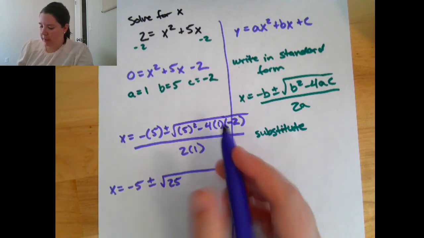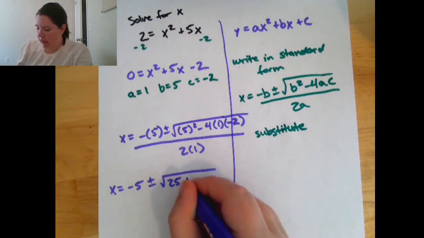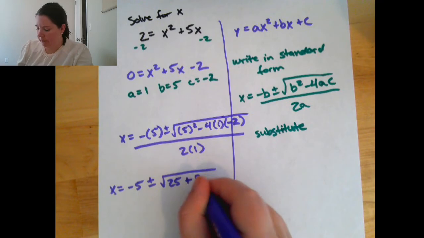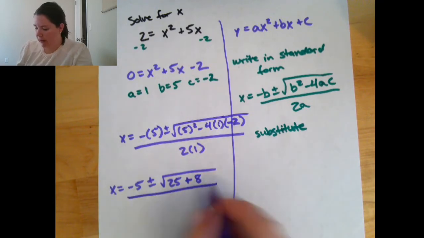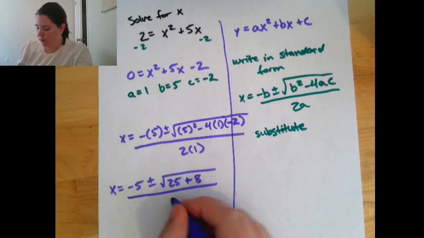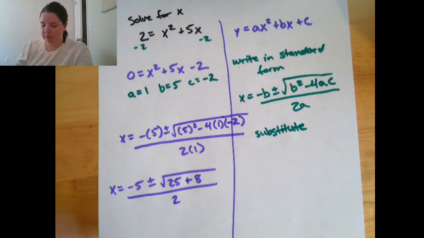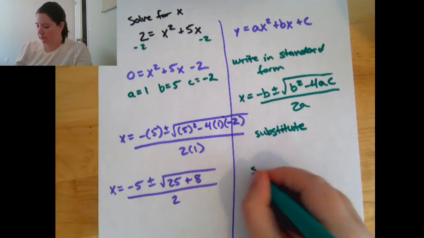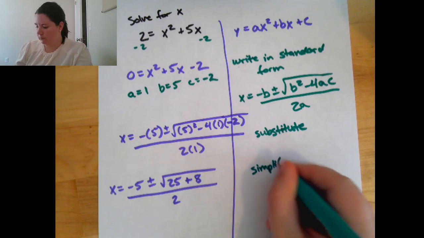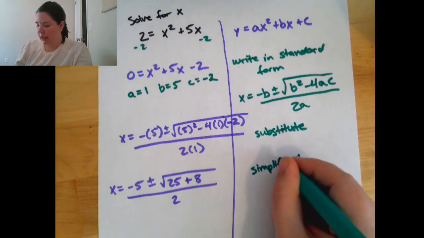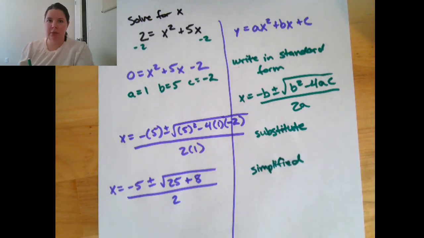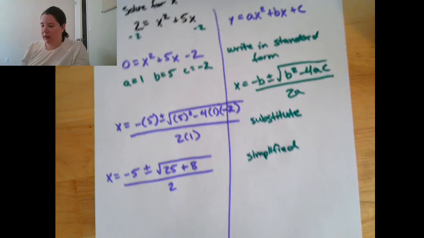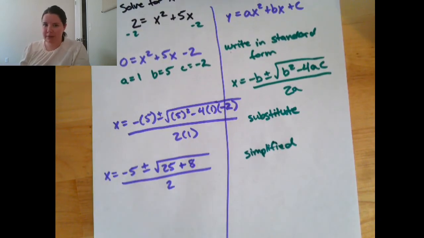Two negatives make a positive, so this will be positive 8, all divided by 2. As you're working through these quadratic formula problems, all of these steps will always be the same. So that is one nice thing, that you don't have to figure out a bunch of different steps.